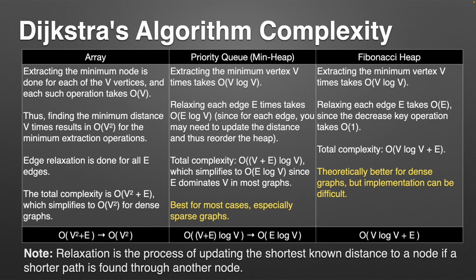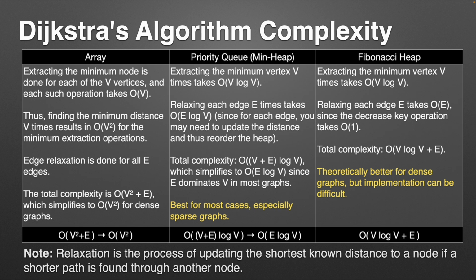So the complexity for Dijkstra's algorithm depends on how you implement it, right? These are three common ways of implementing it. If you just go with the basic array approach, you'll come out with something like big O of V squared, V being the number of vertices.